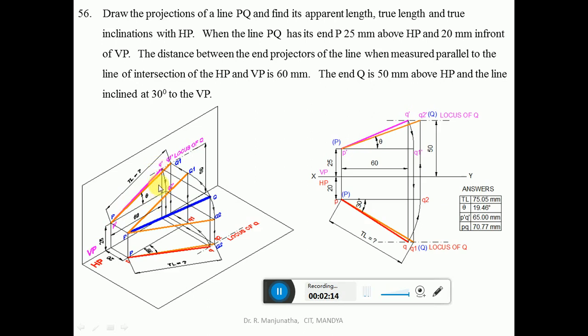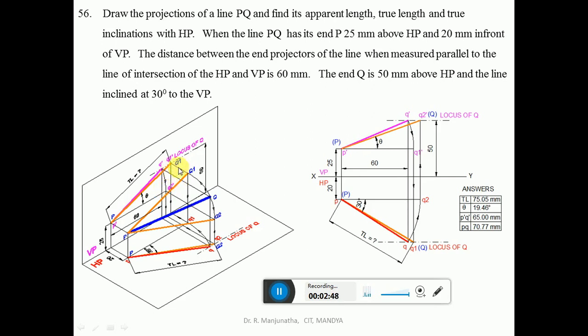Then we draw the vertical projector in the top view, because the end projectors in the front view and top view lie on the same line. That means the top view of Q must lie on the same line. But now we have only the front view. We need to find the top view, and also the true length and the true inclination with respect to HP.